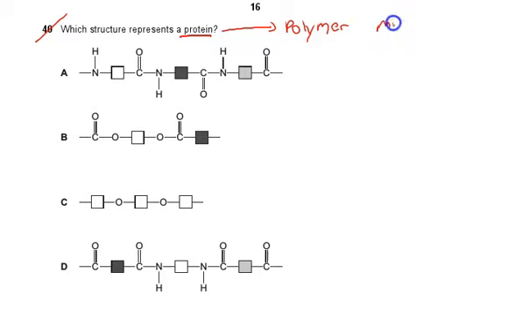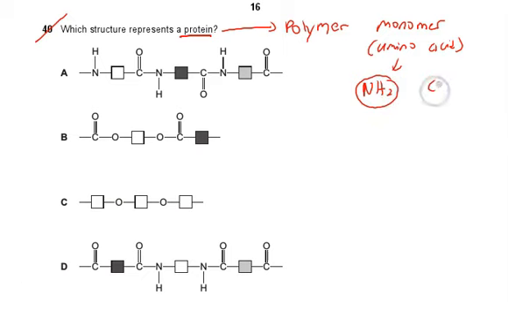I just write it down here: monomer is amino acid. This amino acid contains an amine group and also a carboxylic group. So these are the two groups that they have.